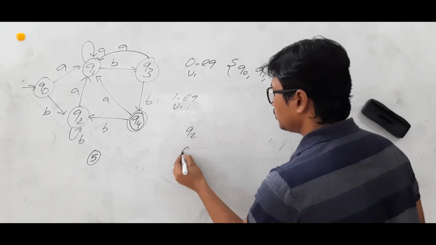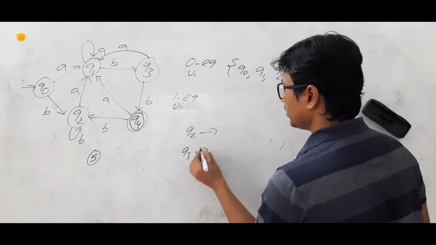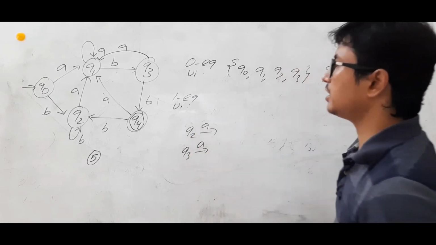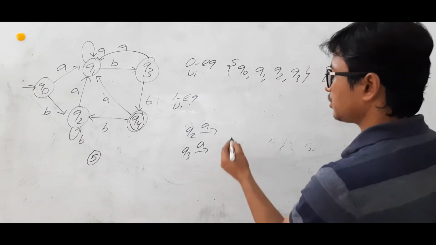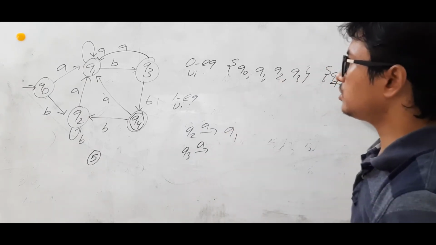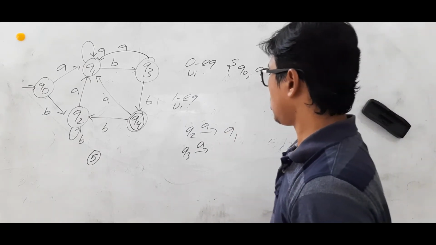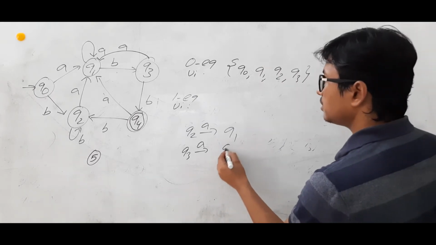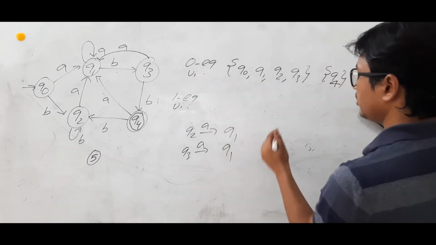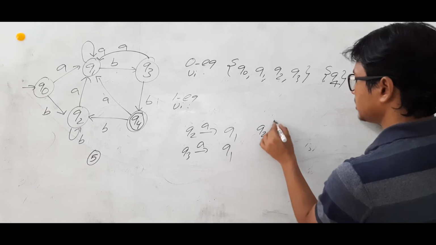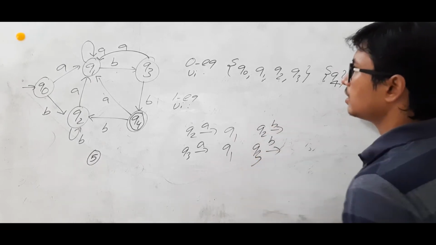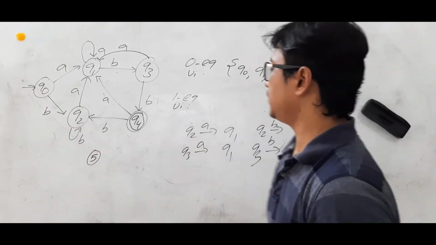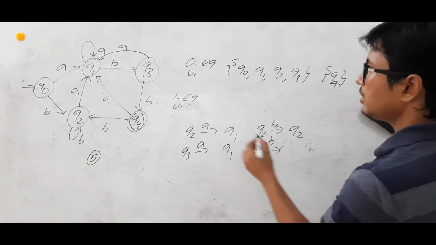How will we check Q2, Q3? We will check Q2, Q3 on A. Q2 on A is going to Q1. Q3 on A is going to Q1. So with the alphabet A we cannot separate. We will see with the alphabet B. Q2 on B is going to Q2 itself.